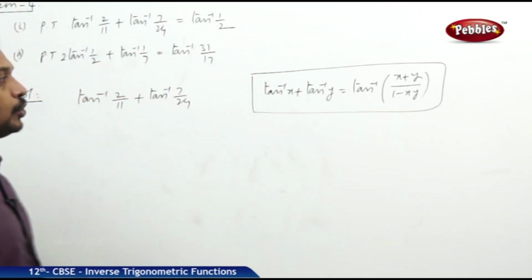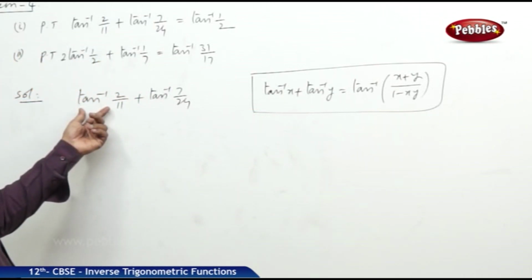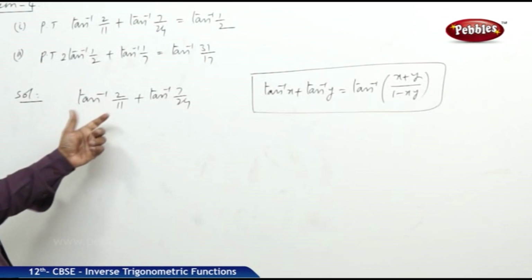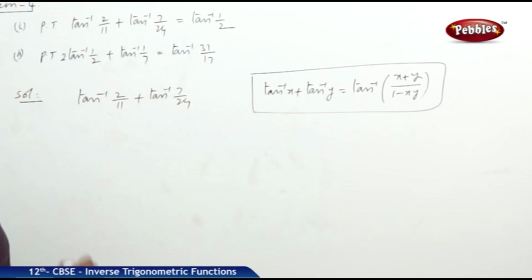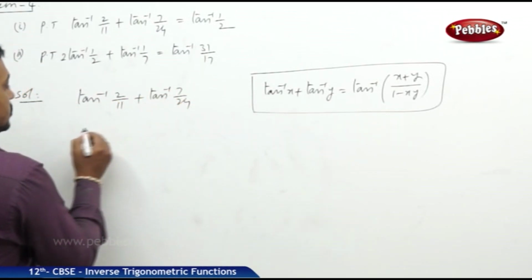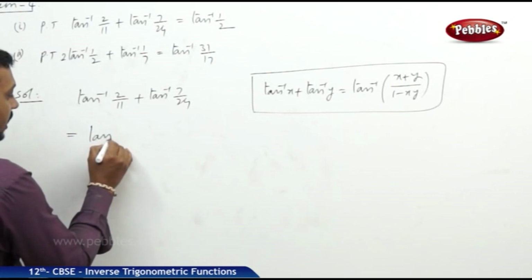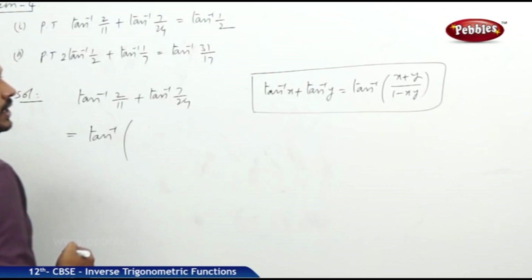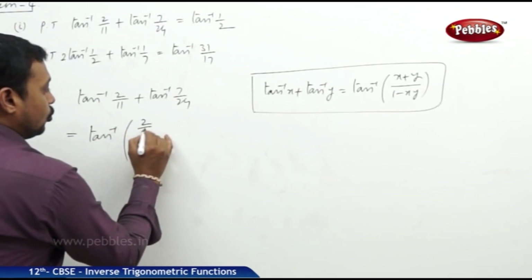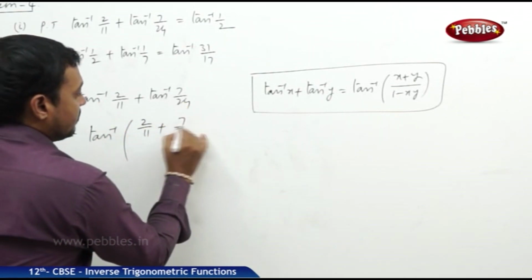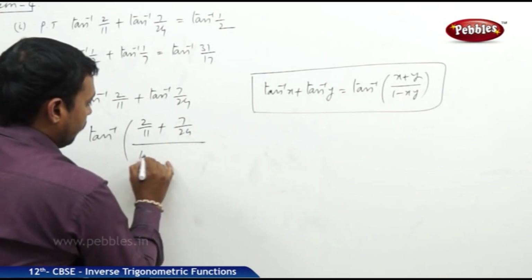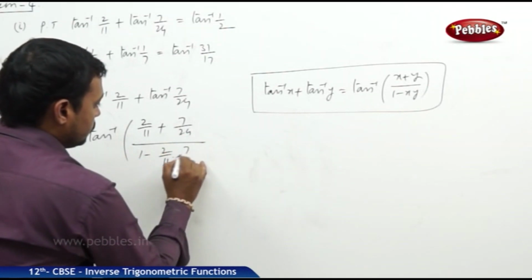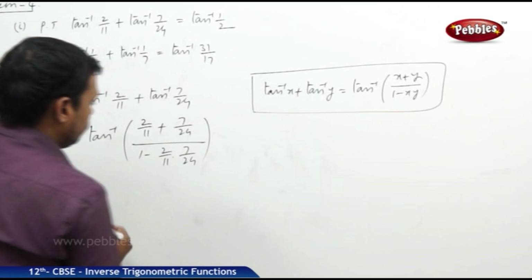So it was already proved. Here, this problem is in the form of tan inverse x plus tan inverse y. Hence, we can write it as tan inverse of x plus y by 1 minus xy, where x is equal to 2 by 11 and y is 7 by 24, so 2 by 11 plus 7 by 24 by 1 minus 2 by 11 into 7 by 24.